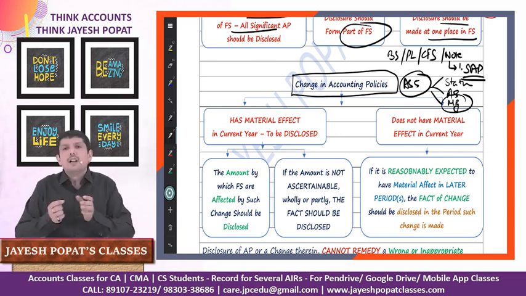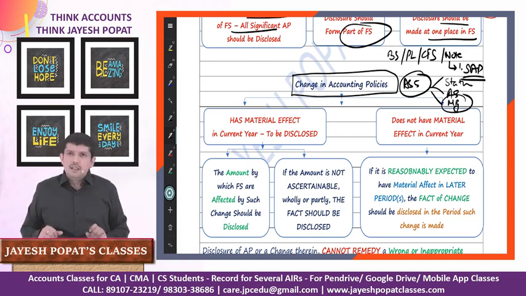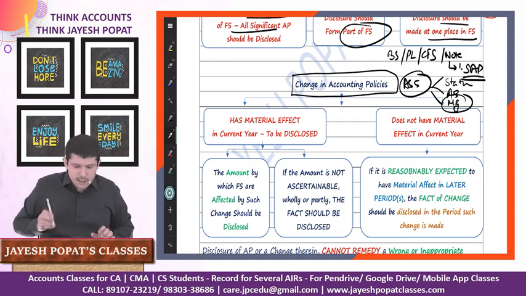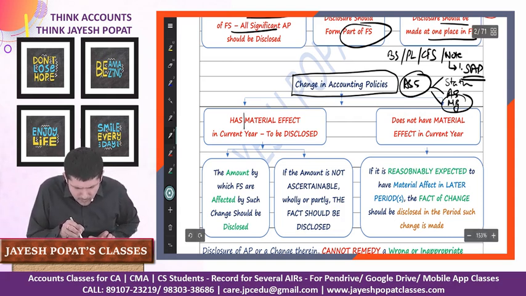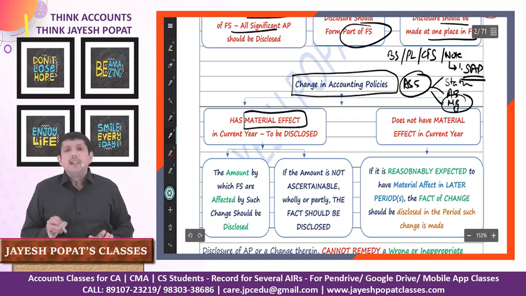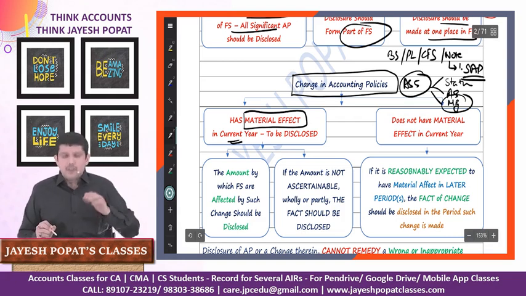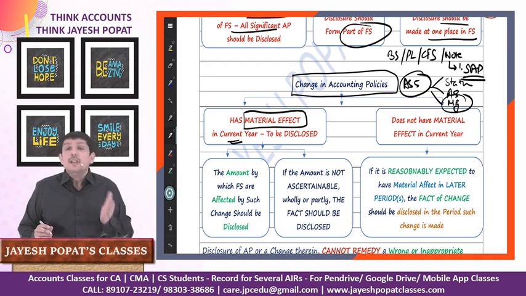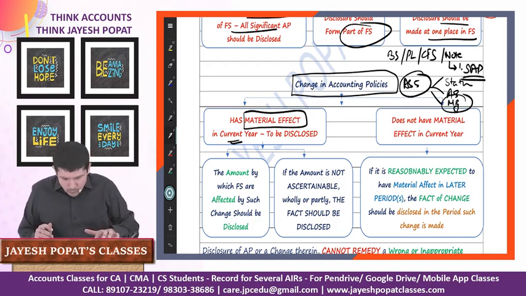So if you are changing your accounting policy because of either of these reasons, what should you do? It says, if a change in accounting policy has material effect in the current year, you're changing your accounting policy, and because of this change there's a material effect in the current year, what should you do?